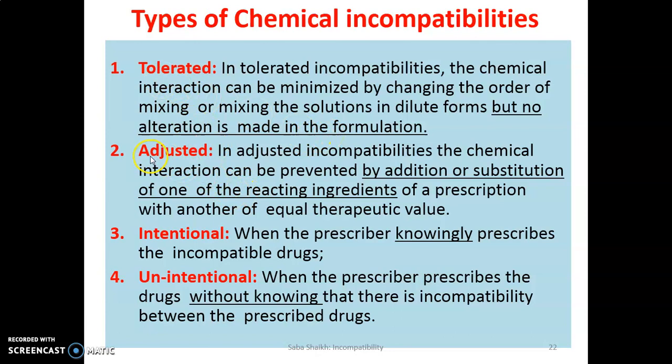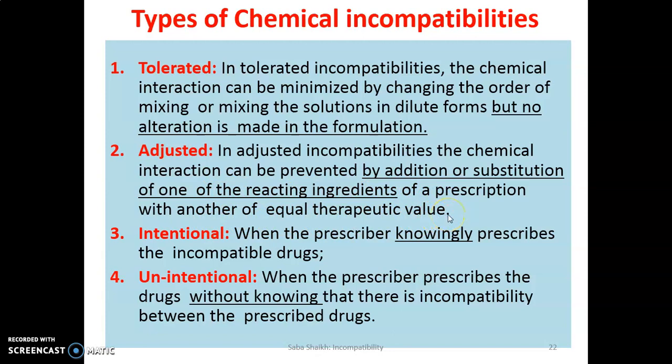What do you mean by adjusted? As the name indicates, adjustment. In this incompatibility, the chemical interaction can be prevented by addition or substitution of one of the reactive ingredients of the prescription with another of equal therapeutic value.